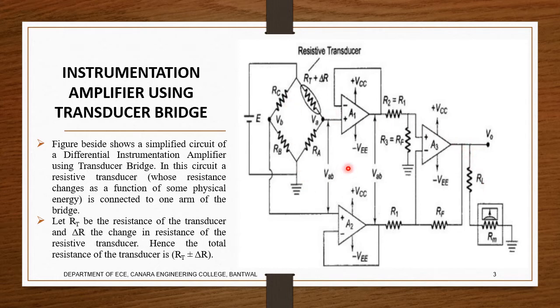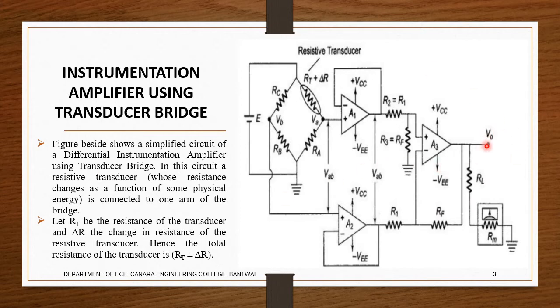Whatever voltages are generated here are very small, in terms of millivolts or microvolts, depending on our application. So we amplify and get it in terms of V naught.